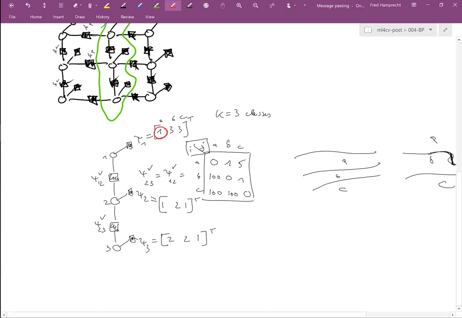The second pixel is undecided. It would vote for either class 1 or class 3. And the third pixel would vote for class 3. If we only took into account these unary potentials. But we also have the pairwise potential, so we need to figure out how the entire system behaves.